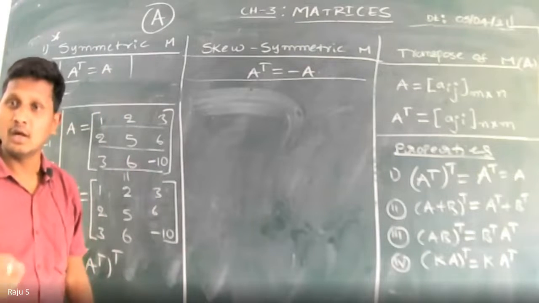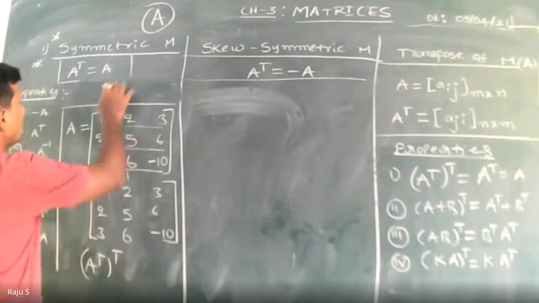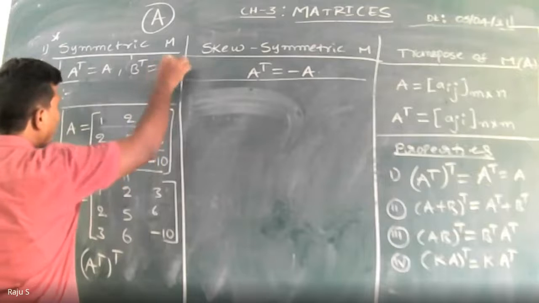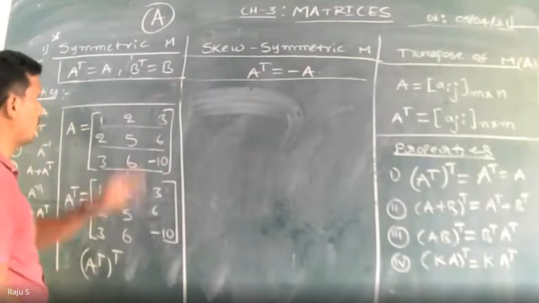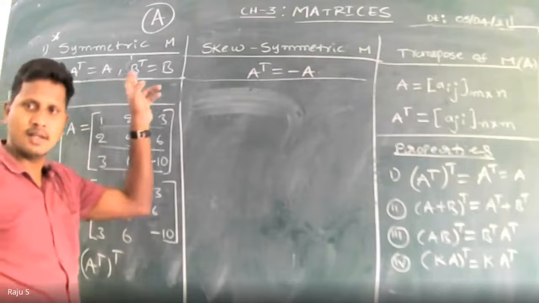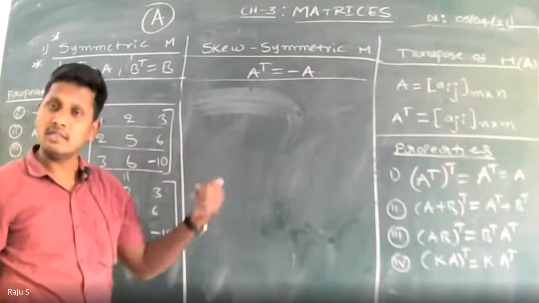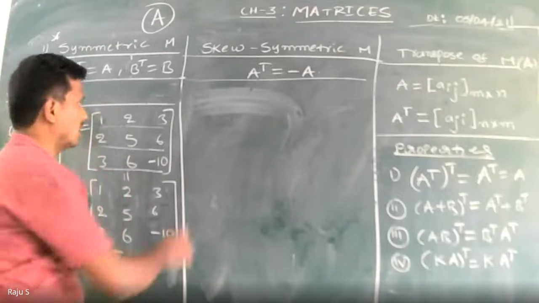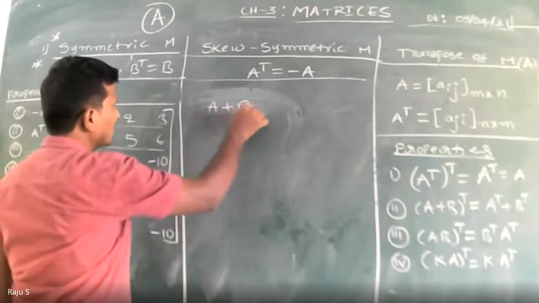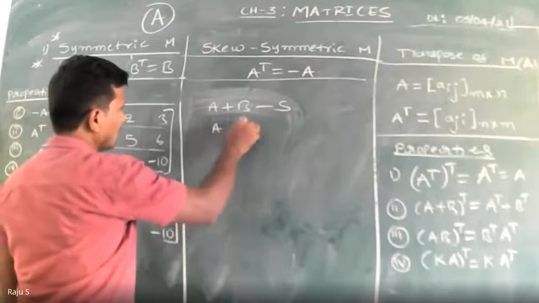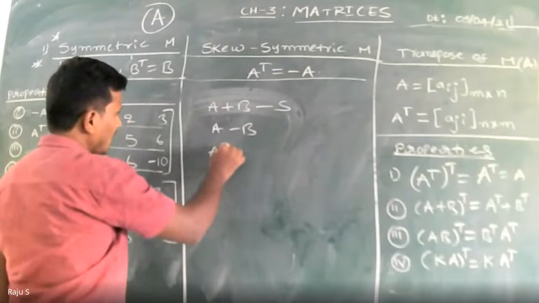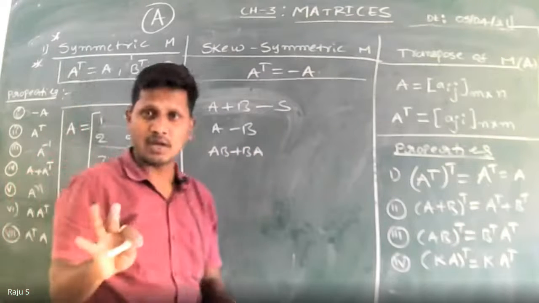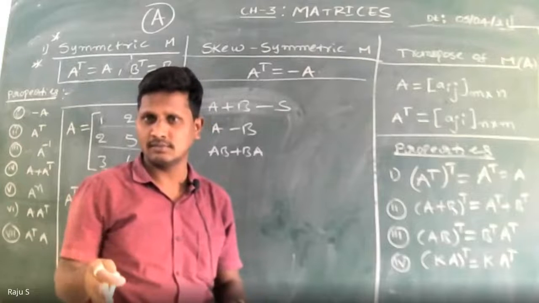If I take two matrices, like A power T is equal to A and B power T is equal to B, what do you observe here? A is symmetric, B also is symmetric. Are there any properties which belong to A and B? Yes. A plus B also is symmetric, A minus B also is symmetric, and AB plus BA also is symmetric. I am not saying that AB is symmetric.